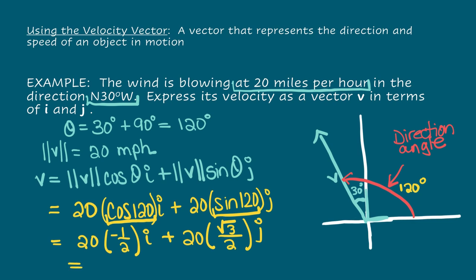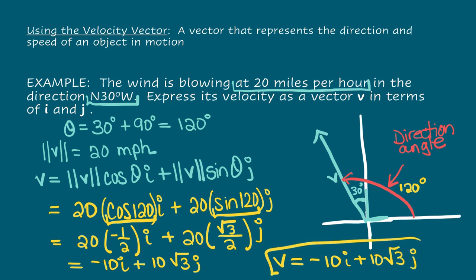And then I'm just going to do that multiplication, and I'm going to get negative 10i plus 10 square roots of 3 j. So there is my vector. I'm just going to write it again over here a little bit neater: negative 10i plus 10 square roots of 3 j. So make sure you have that unit circle. It's never going to go away, so that you can look these values up.